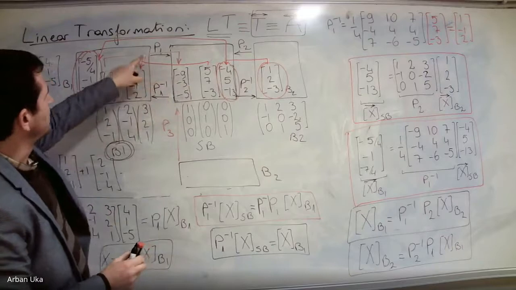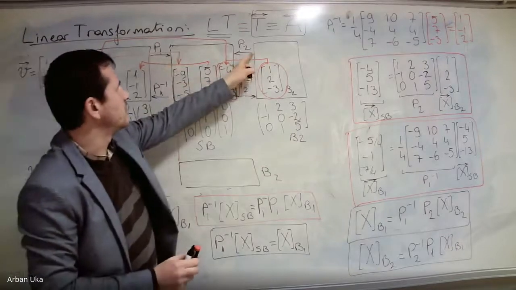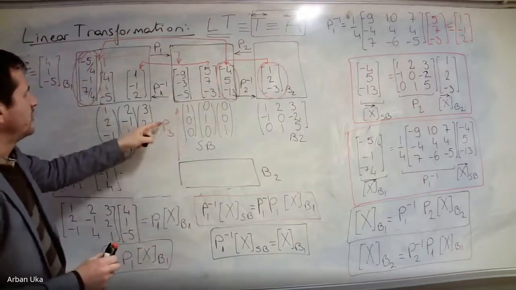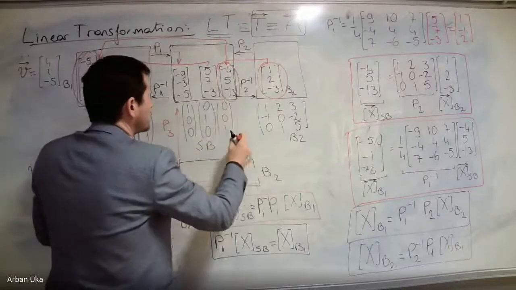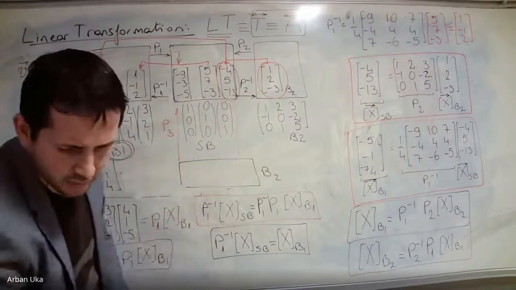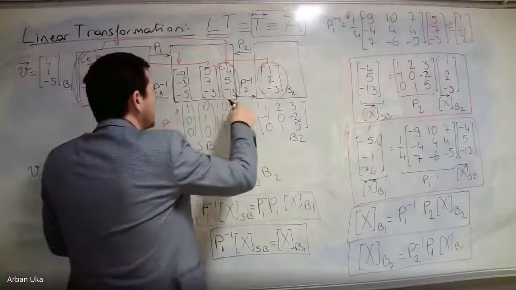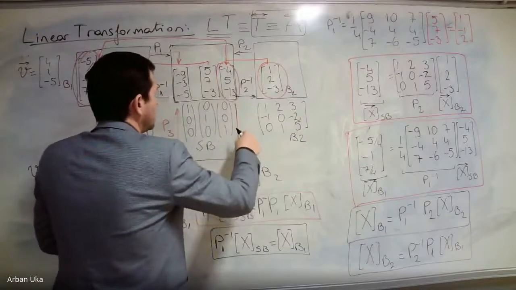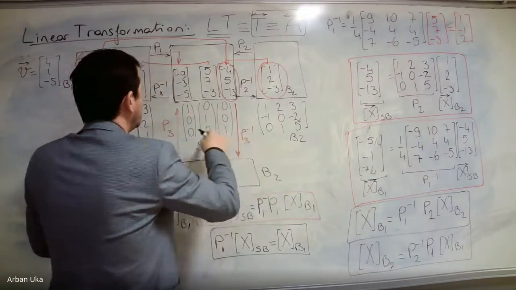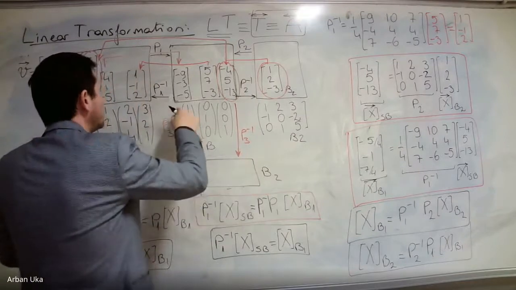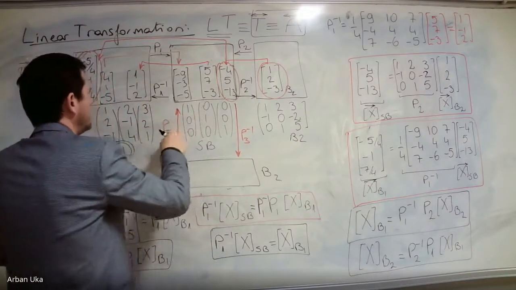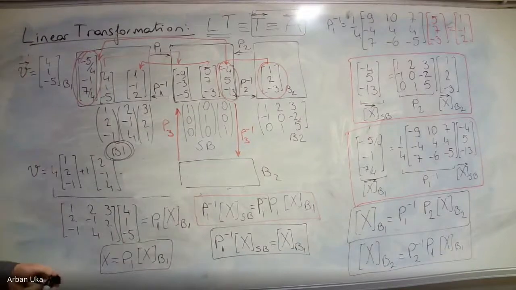Okay? So you see here, we go with P1, here we go with P2, here we go with P3, but from the standard basis to B3, we come down with P3 inverse. So this would be the P3 inverse, and this is the P3. Okay.